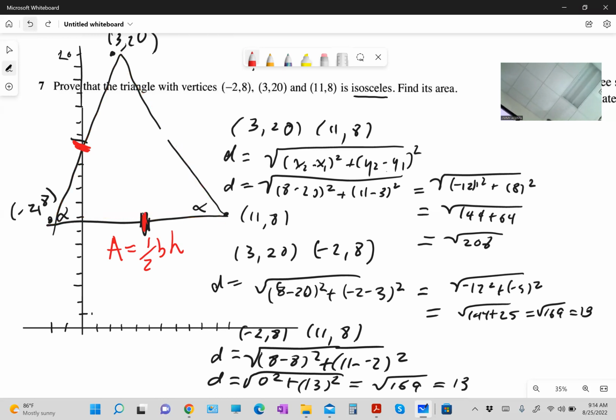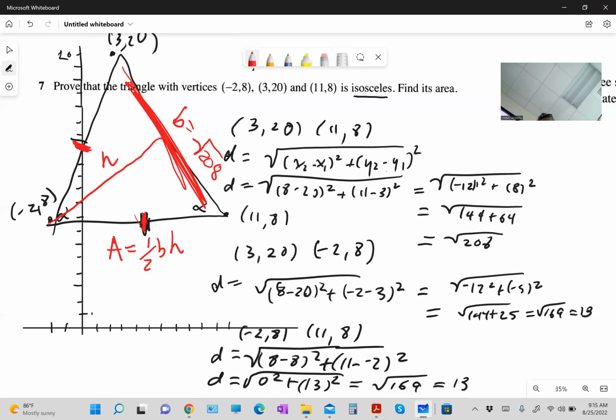But if I were to pick a base in this case, I would pick this base, because these two sides are equal and I can find this height. I'll make this the height and this the base. I already found that number. The base here is the square root of 208. It's an ugly number, undeniably, but it's there. So then I have to find that height.